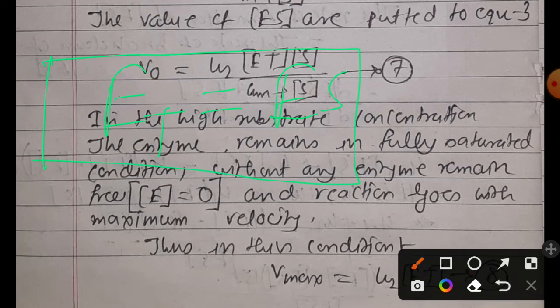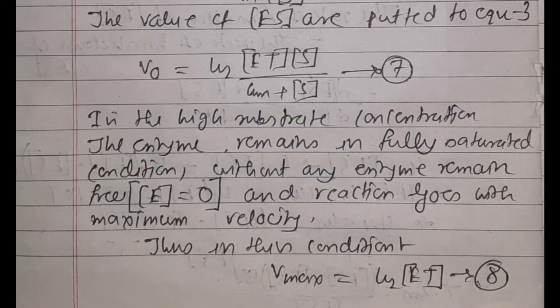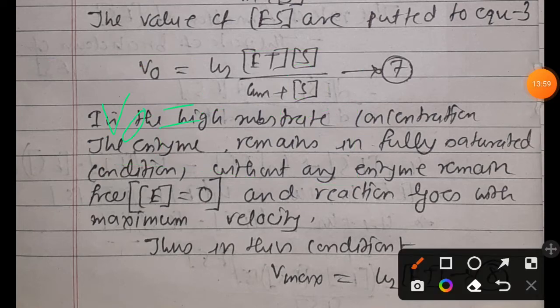Now let's try to remember the equation number 3. That is why I told you that equation number 3 is the most important equation for deriving the Michaelis Menten equation. So we can replace V0 with Vmax, because at high substrate concentration the velocity of the reaction will also be high. K2 will be there, and we can replace the term ES with ET, isn't it?